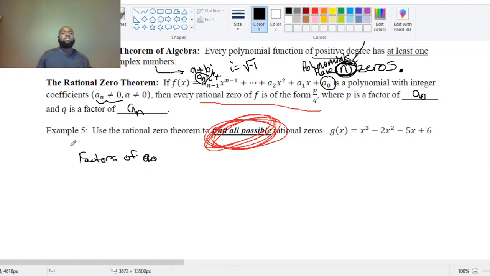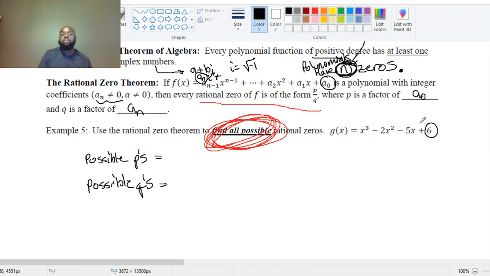I'm going to write this slightly differently. I'm going to say my possible p's, and my possible q's. Well, for the factors of p, I look at this 6 here. I want to know the factors of 6. For instance, 1 is a factor of 6, 2 is a factor of 6, 3 is a factor of 6, and 6 is a factor of itself.